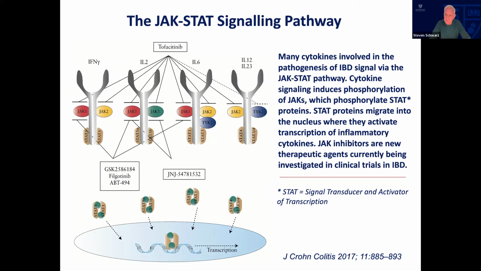These STAT proteins migrate into the nucleus where they activate the transcription of inflammatory cytokines via NF-kappa B, which you've all heard about. We'll show that a little bit later. JAK inhibitors, like tofacitinib, are new therapeutic agents that are currently in clinical trials to block this pathway, leading to signal transduction and the production of excess amounts of pro-inflammatory mediators.